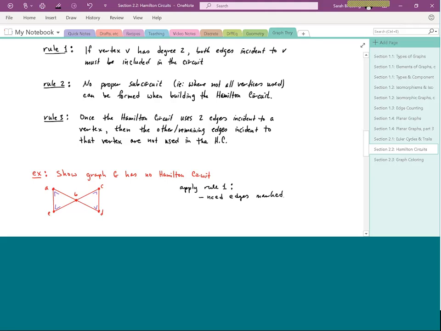Now, if we then look at rule 2, what does rule 2 say? Rule 2 says you can't have formed any proper subcircuit. So if we actually went ahead and extended these original edges, oh, I have a different color, didn't mean to do that.